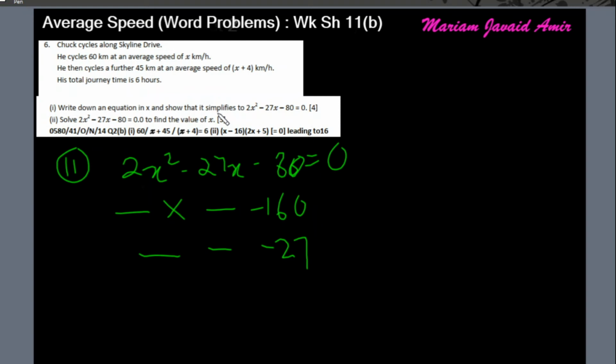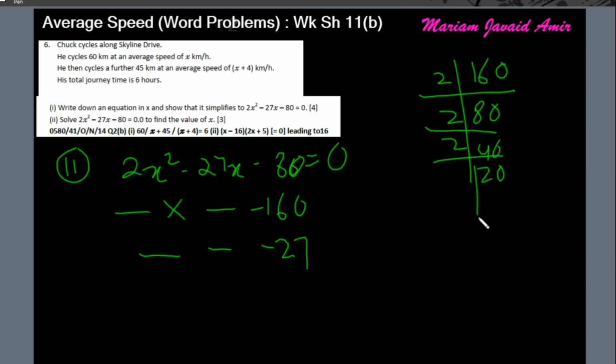So we're looking for 2 numbers that once multiplied give us minus 160 and once added give us minus 27. To find those numbers, let's factorize 160: 2, 2, 2, 2, 2, 5. Now which combinations can we use so that we get 27 in the end?